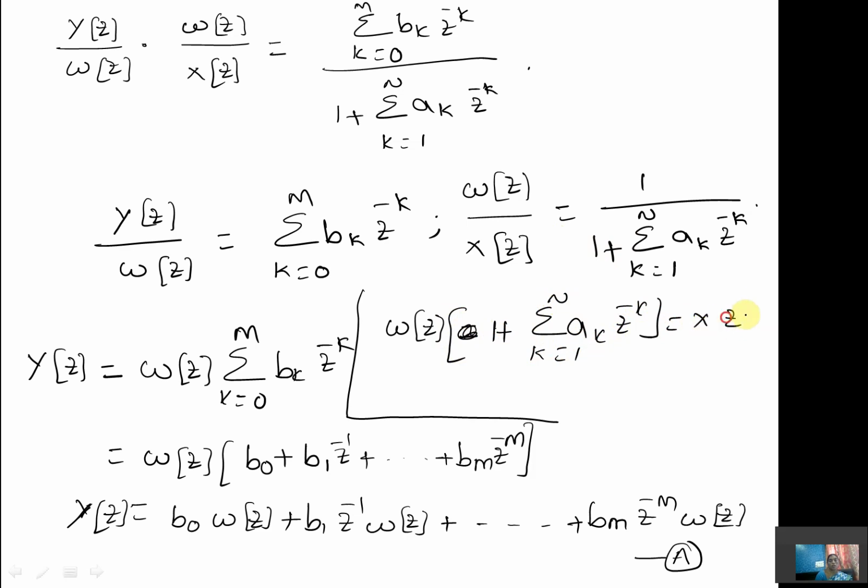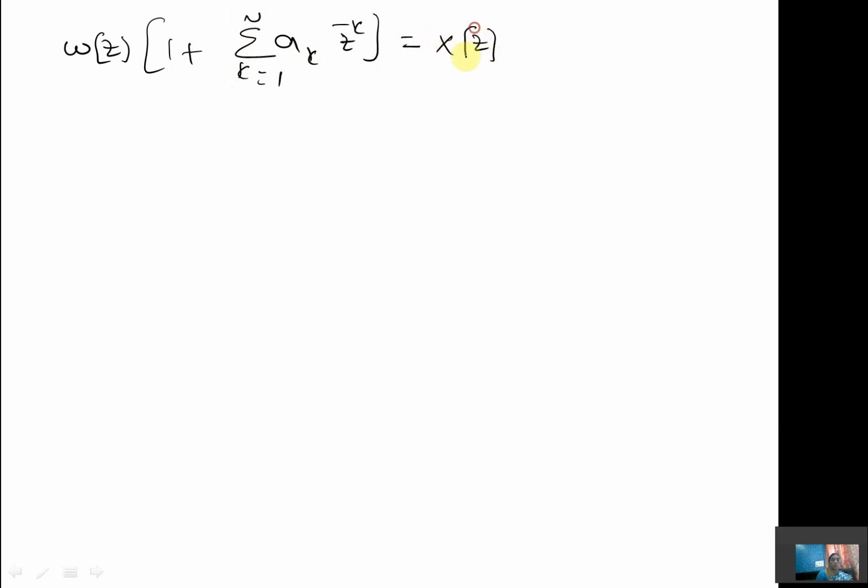Multiplying, w of z into 1 plus summation k 1 to n ak z power minus k is equal to x of z.